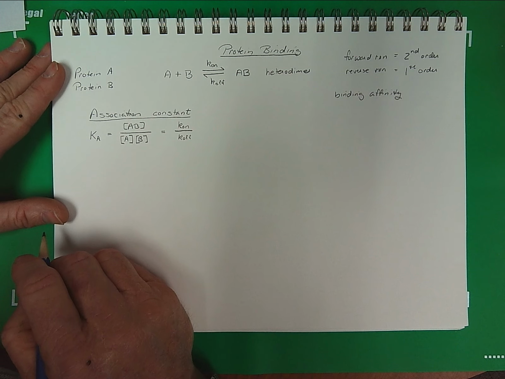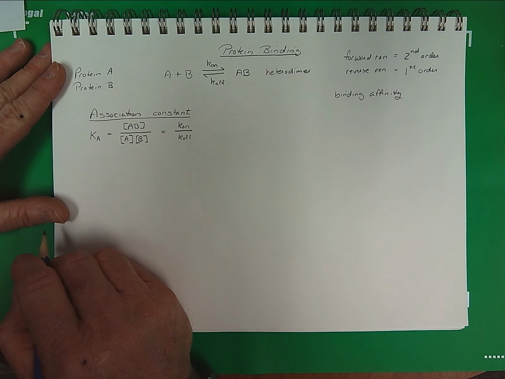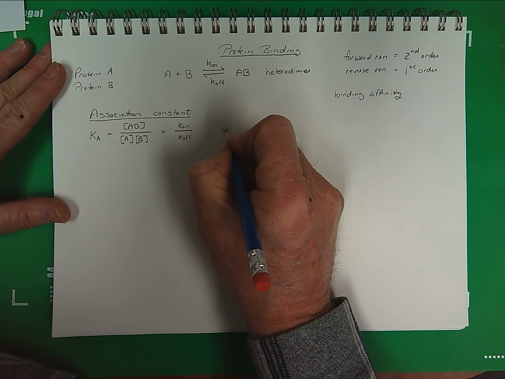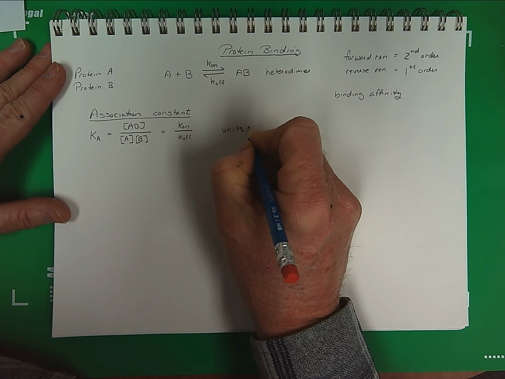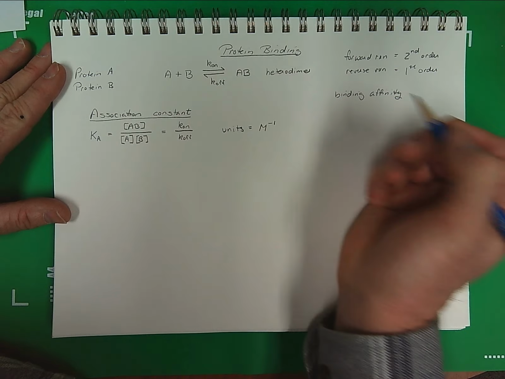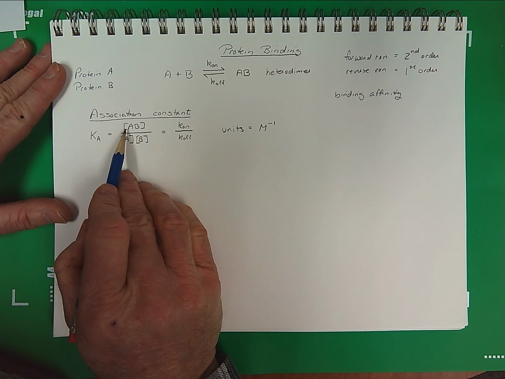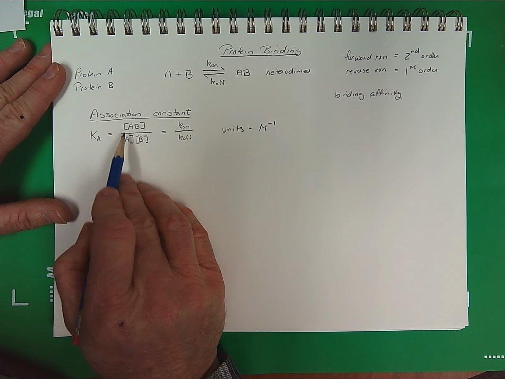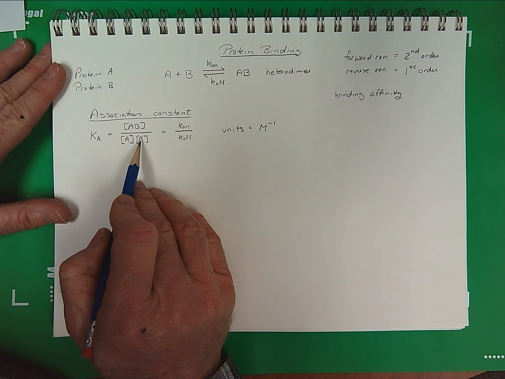Now the units of the association constant are going to equal the inverse molar. And this is because we have a concentration molarity here and two molarity concentrations here.